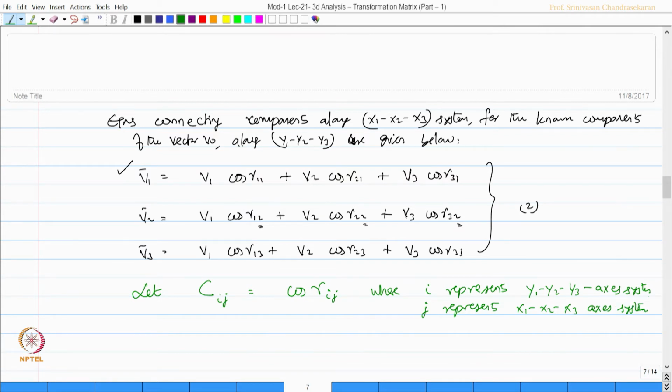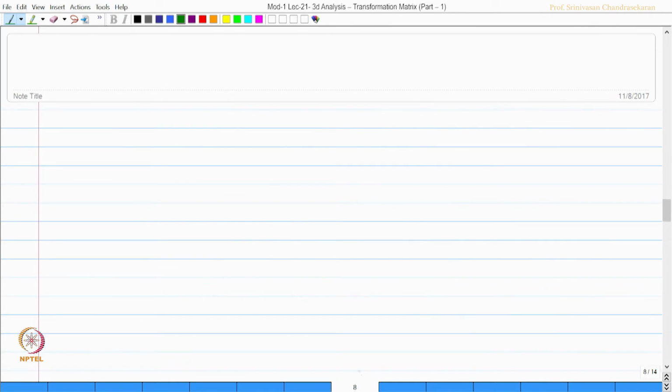Okay. By that logic, I can convert equation 2 into a much simpler form as given here.